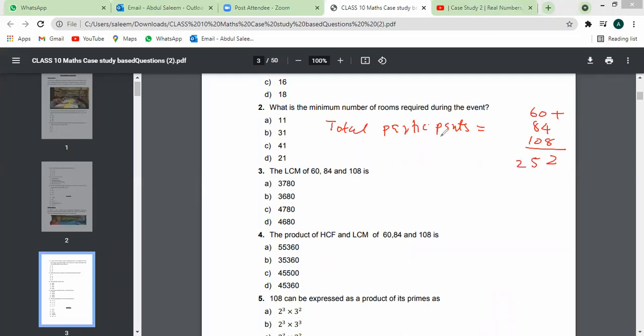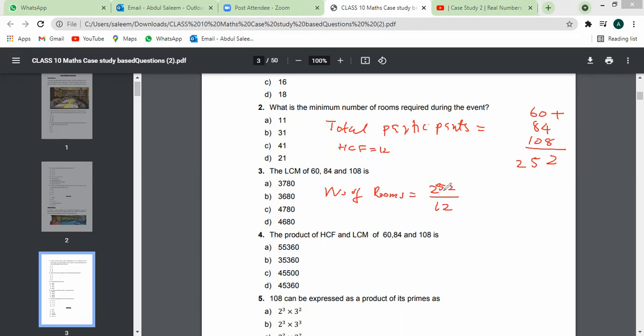If you distribute equally, the HCF we found before is 12. So the number of rooms equals total participants divided by the highest common factor.